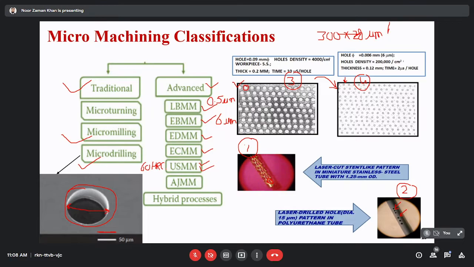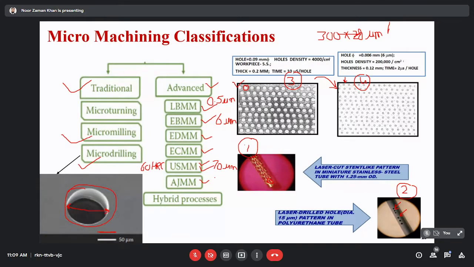But the accuracy is not as good as laser beam and electron beam. Ultrasonic machine can produce a hole as small as around 70 micrometer in diameter, and the process is very useful for producing microcavity. There are other processes as well: abrasive jet micromachining, abrasive water jet micromachining, water jet micromachining, etc. Now there are other advanced finishing processes too.